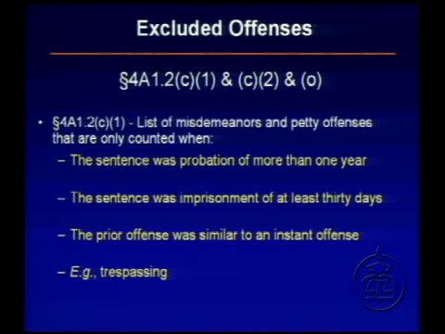And basically what 4A1.2(c) addresses are prior offenses that are misdemeanors and petty offenses that are only counted under particular circumstances. This subsection of the guideline says that all felony offenses are counted and misdemeanor and petty offenses are counted only when the sentence was probation of more than 1 year, the sentence was imprisonment of at least 30 days, or the prior offense was similar to an instant offense.